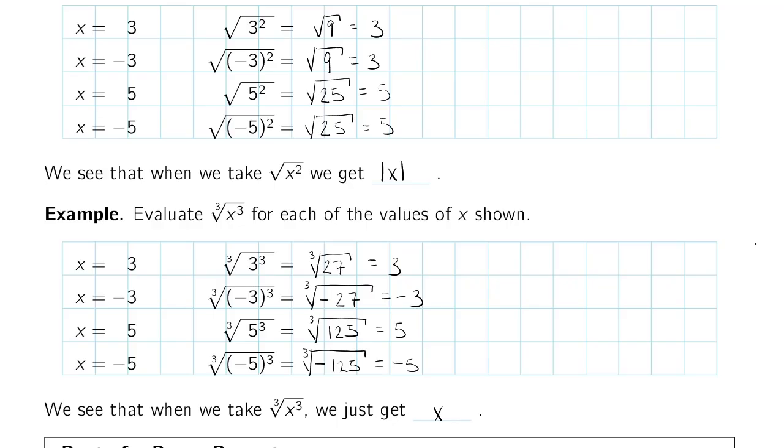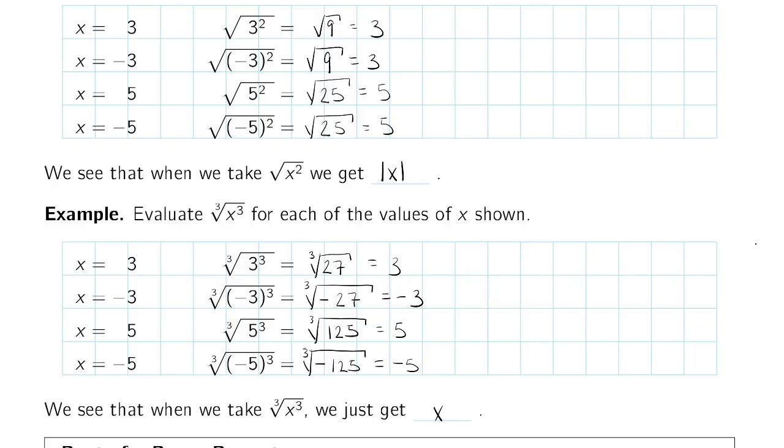And of course, the difference here is the difference between an even power of x, so an even number of negative numbers multiplied together giving us something positive, versus an odd power of x, an odd number of negative numbers multiplied together giving us something negative again.